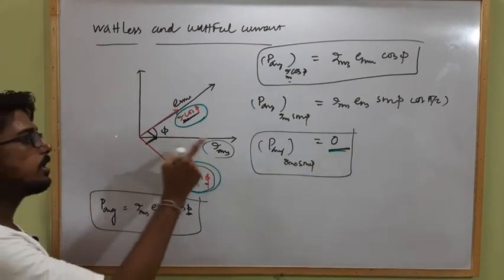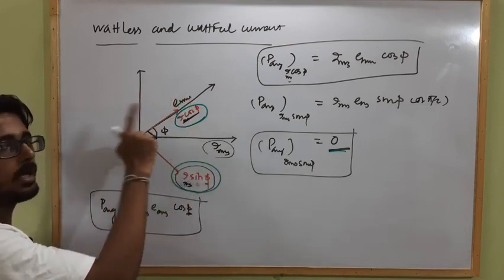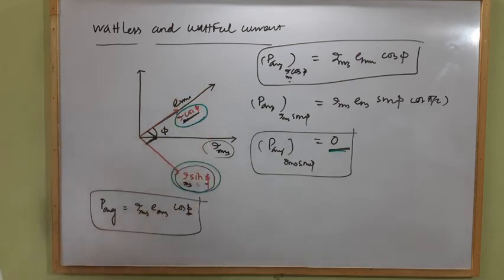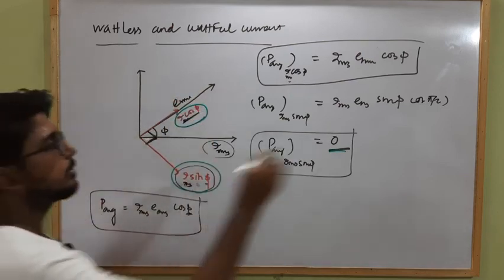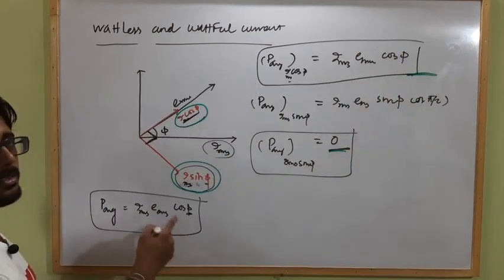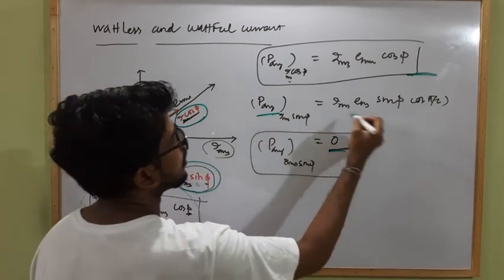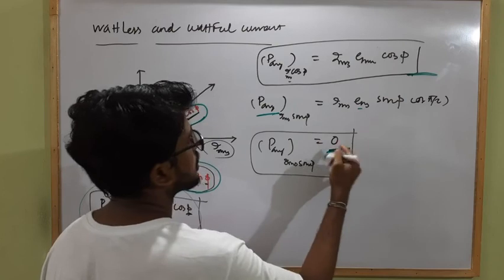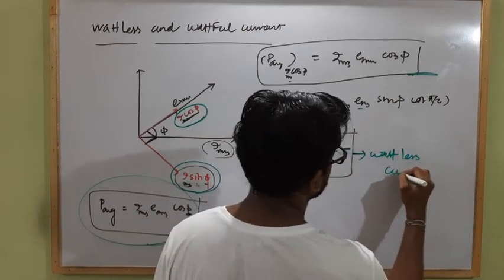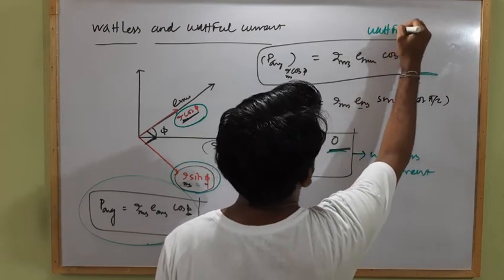The component of I RMS along the direction of E RMS is known as watt full current, and the component perpendicular to the direction of E RMS is known as wattless current, because the power for the component along E RMS is I RMS E RMS cos phi, which is the total power, and the perpendicular component gives 0.